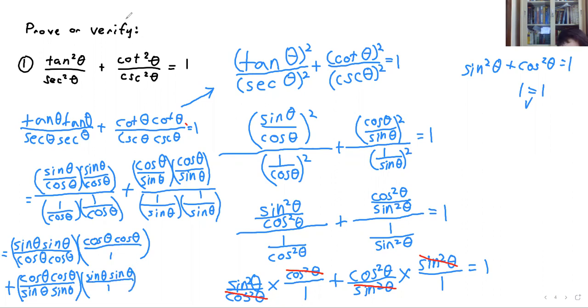Again, not like terms, but there are the same terms on the numerator and denominator, so we can cancel those. If we multiply the sine and then the cosine, we'll again turn into sine squared theta plus cosine squared theta.